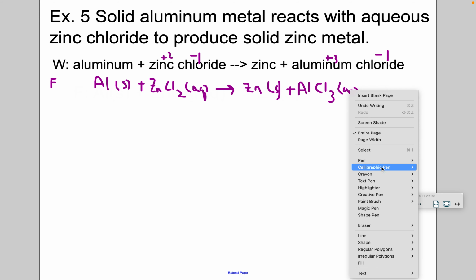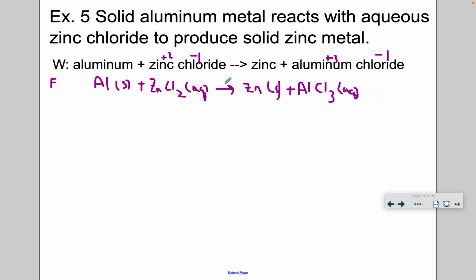Okay, so now the next thing is, is it balanced? So we're going to take inventory. Aluminum, I have 1. Zinc, 1. Chlorine, 1. Oh, mistake, 2. Aluminum, 1.